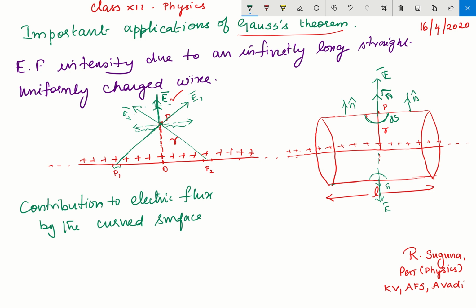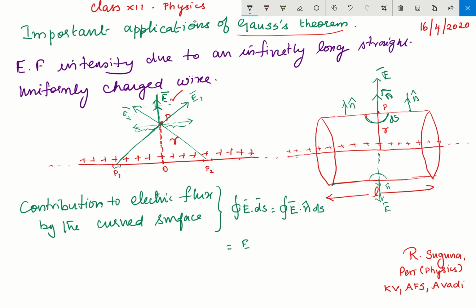That is nothing but equal to integral E dot ds, correct? And that is equal to integral of E dot n ds, correct? And E and n are both in the same direction.